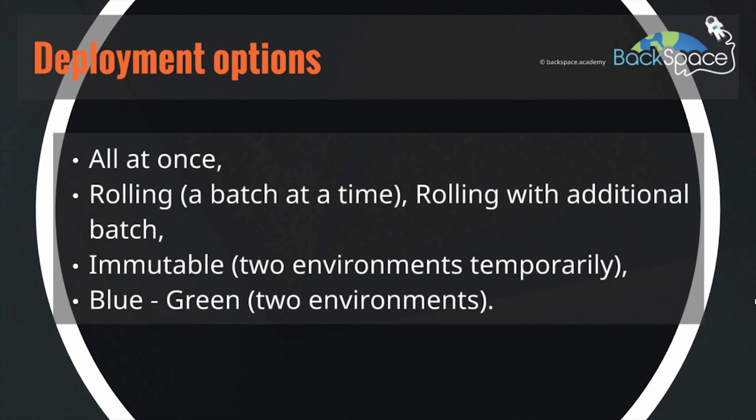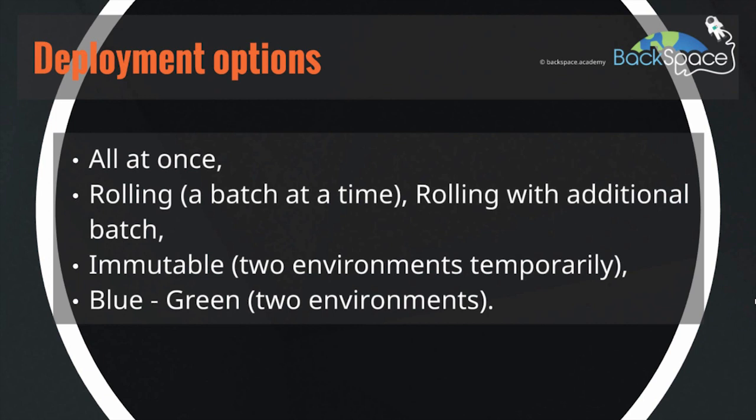You can also do a rolling with an additional batch. What that will do is, if you've got, again, 20 EC2 instances, it will temporarily increase to 22 while you're doing those 2 deployments across those 2 EC2 instances. And that way you're still going to have your capacity at 20, which is what you have designed for.